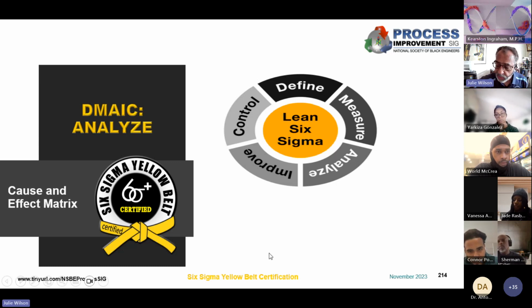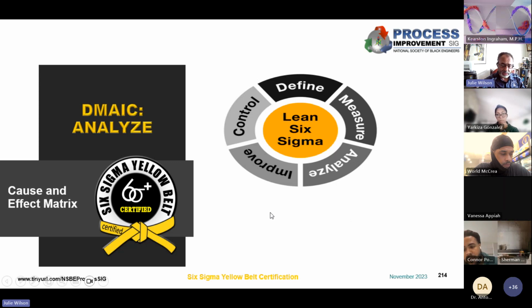If not, then what we want to start with this afternoon is to talk about a cause and effect matrix. Like I said, what we're trying to do now is we've got a bunch of inputs, a bunch of potential X's, and we now want to look at how we can prioritize this list and identify the most significant X's to work with.